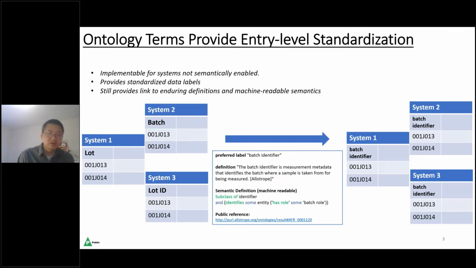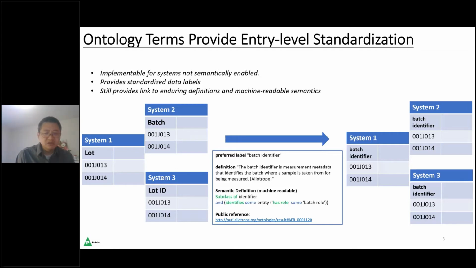And then ontology terms provide entry-level standardization. For example, now we have 3 terms with different IDs. They look similar, but we label the category differently. We say lot or batch or lot ID. Really here we mean the same thing. So we can say they are all batch identifier.